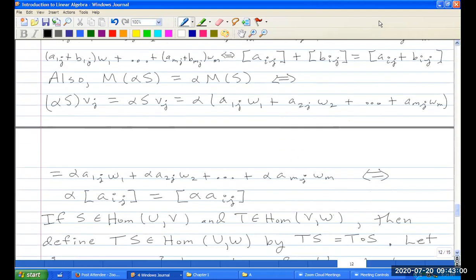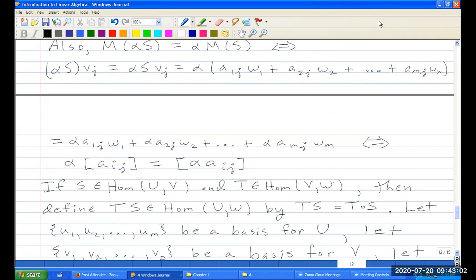So that's matrix addition. Let's look at scalar multiplication. Suppose I want the scalar multiplication of a matrix to be the same as the matrix of the scalar multiplication for a linear transformation.